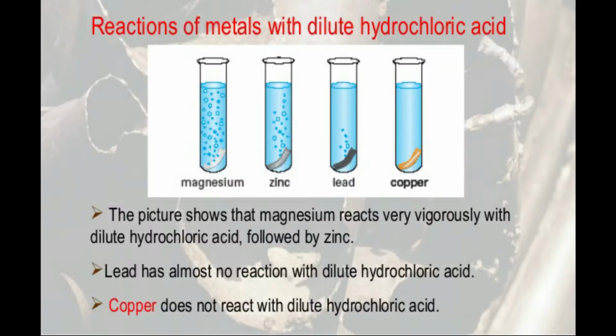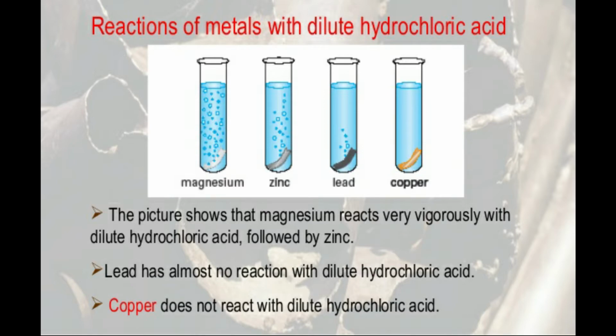In this activity, we will take magnesium, zinc, lead and copper metals in 4 different test tubes and pour 100 ml of dilute hydrochloric acid into each. After some time, we can see that from the first 3 test tubes, bubbles are coming up.